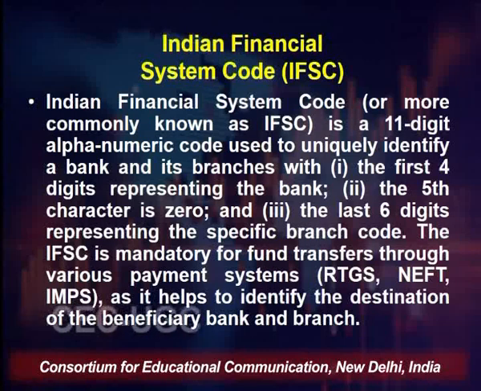It is also available on the checkbook, and if you know somebody's account number and IFSC code, you can transfer money to them immediately. The first four characters of the IFSC code represent the bank, the fifth character is 0, and the last six characters represent the specific branch code. The IFSC is mandatory for fund transfer through various payment systems like RTGS, NEFT, and IMPS, as it helps to identify the destination beneficiary bank and branch.